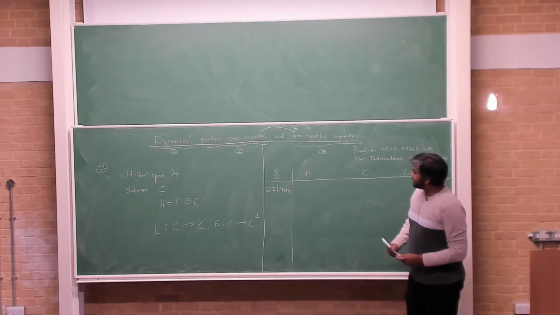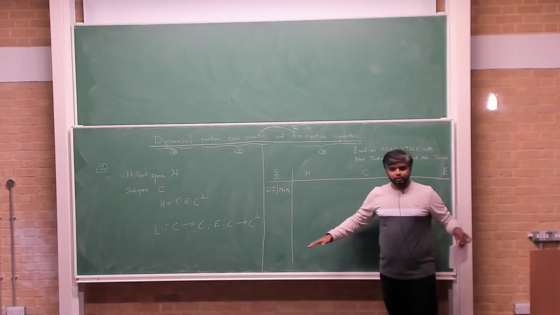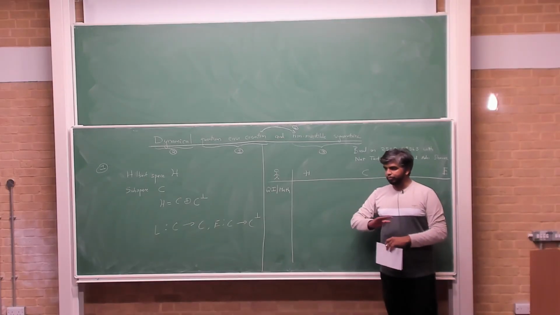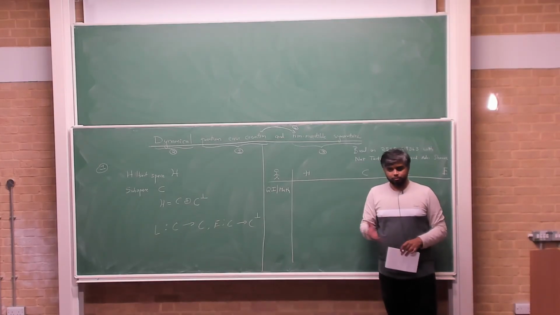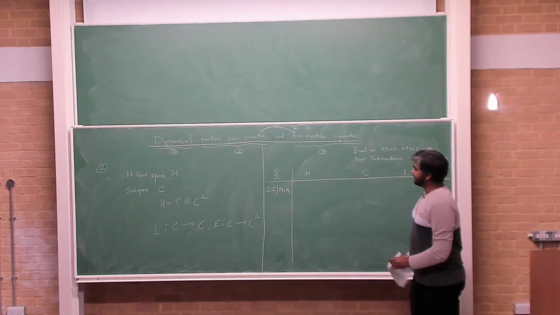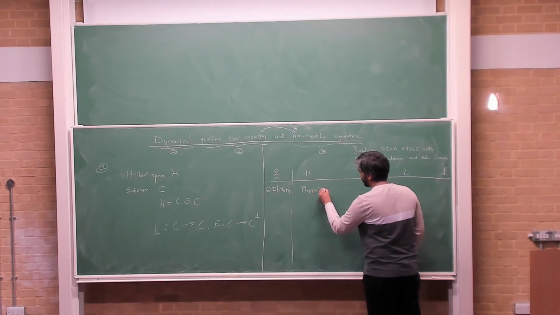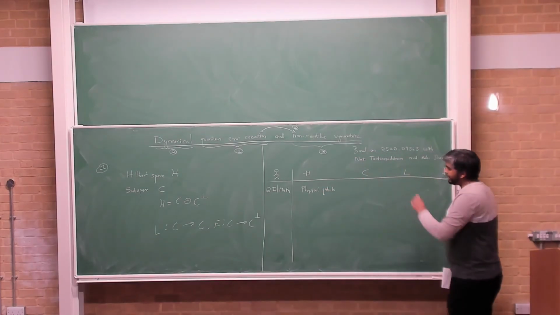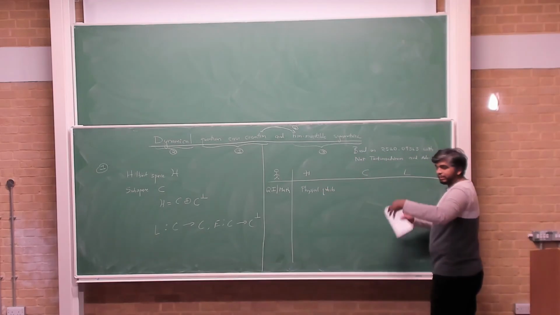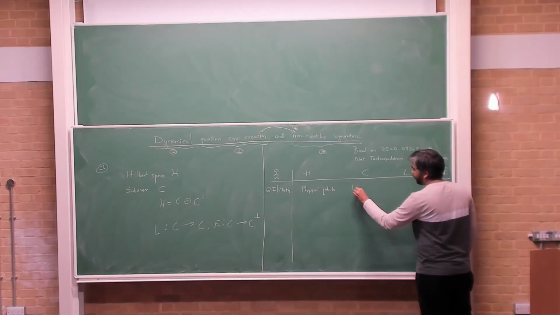In this case, this H is a Hilbert space. It's a finite dimensional Hilbert space of some qubits, physical qubits in your lab, let's say. Now C is some subspace of the physical qubits, often called logical qubits.